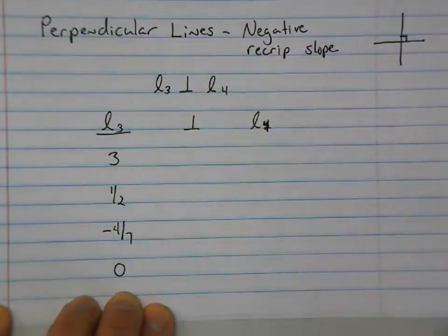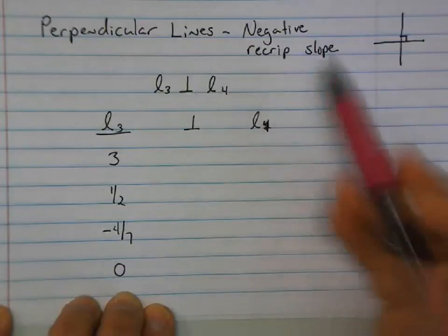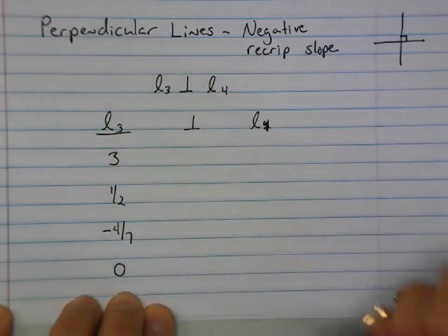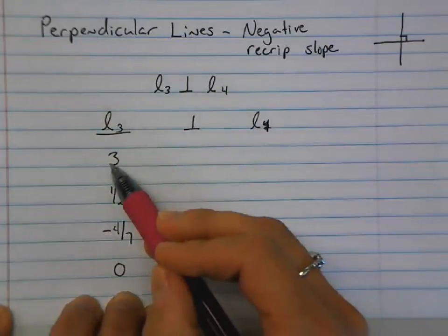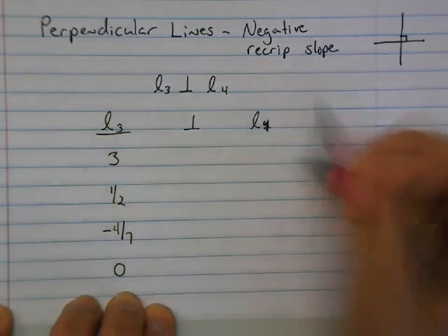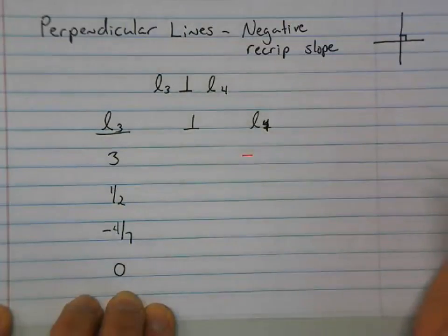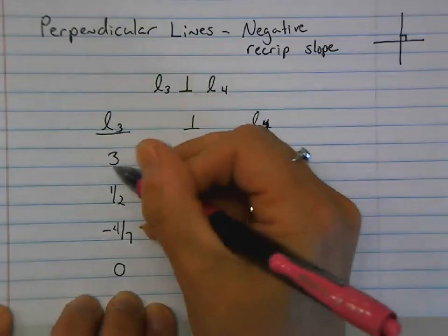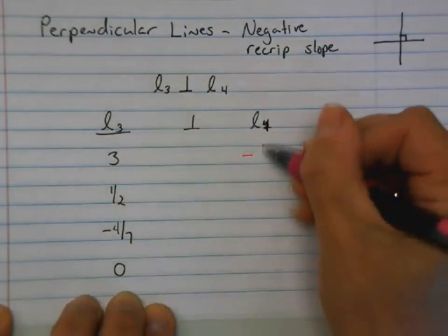So, negative reciprocals. First thing, change the sign. That's what it means to negate or to be negative. So, the sign of this is +3. This slope is negative. And now take its reciprocal. So remember, this is 3/1. So I write it as 1/3.